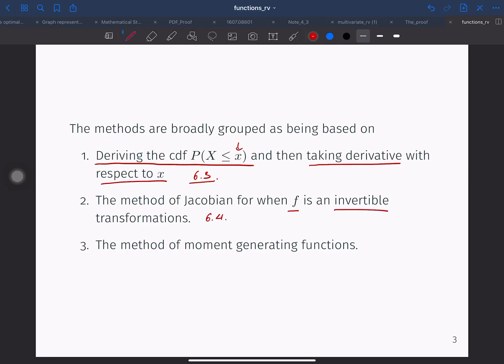And the method of moment generating function, which I've seen before, is the technique in 6.5. There's also 6.6, which we will discuss briefly, based on Jacobian for multivariate. And then later on, we will talk about order statistics, which is section 6.7.